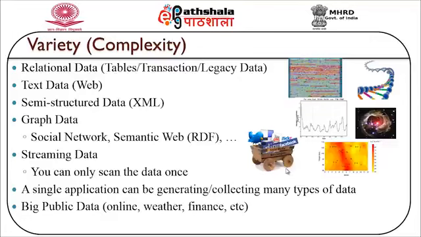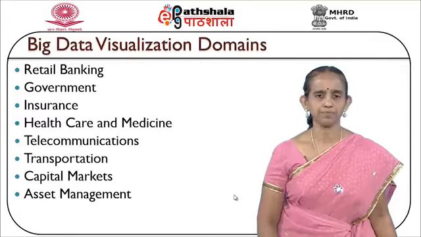It can be streaming data where you can only scan the data once, and a single application can be generating or collecting many types of data, or it can be from some big public domain like online, weather, finance, etc. So these are the varieties of data that we get in everyday life.